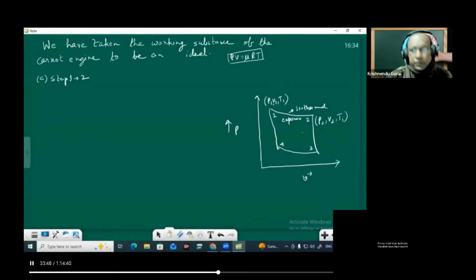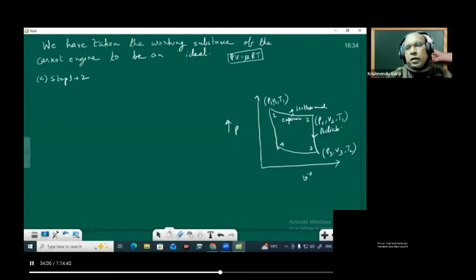And this is this way. And third one is P3, V3, and T2. There is change in temperature, and this is known as adiabatic expansion.